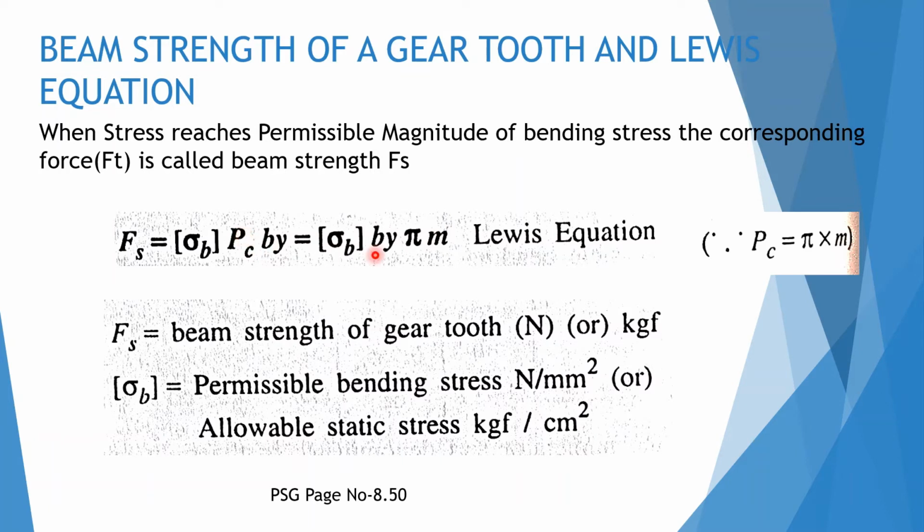Apply Pc as pi into m. We know that circular pitch is equal to pi into m, and Fs is the beam strength of the gear, that is in Newton or kilogram force, and sigma b is the permissible bending stress, and that is in Newton per millimeter square or kilogram force per centimeter square. So that equation is on PSG data book page number 8.50. Please note it down.